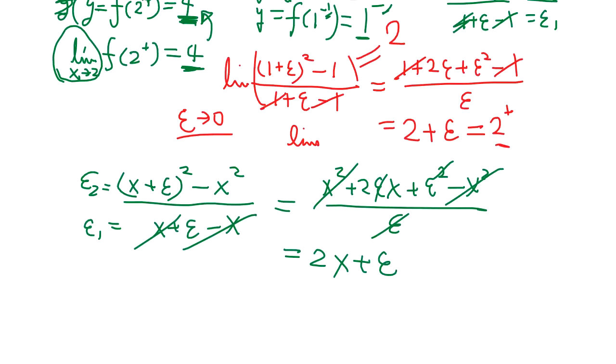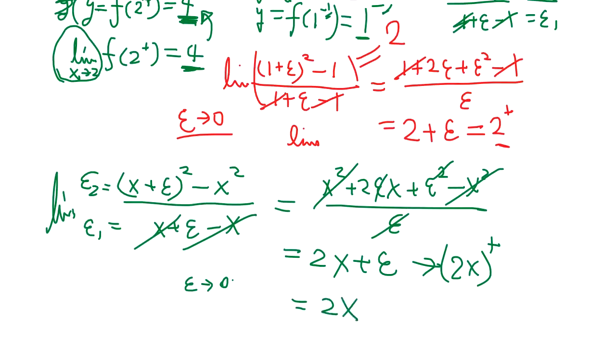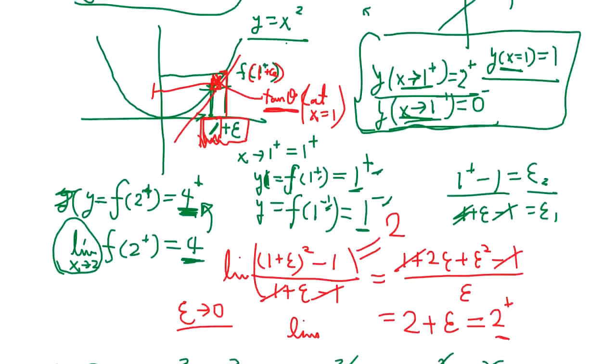So when epsilon goes to 0, this goes to 2x plus, right? And if you take the limit, then the answer is 2x. And what does it mean? You take any x, we can now calculate the tangent. The tangent is simply 2x. If x is 3, then the tangent is 6, right? If x is 4, then the tangent is 8. The tangent is a slope.